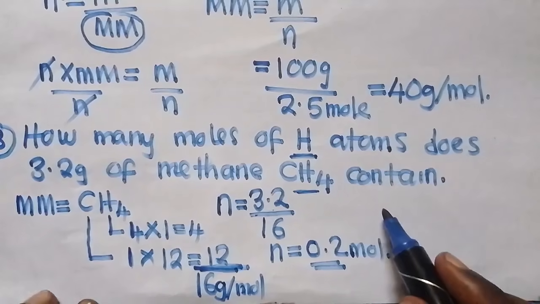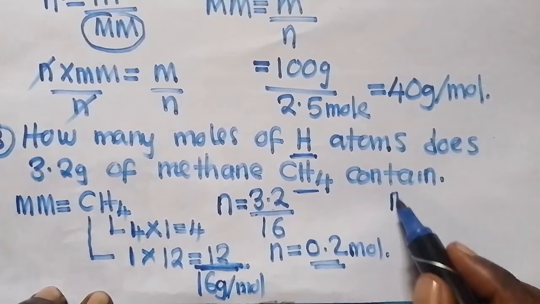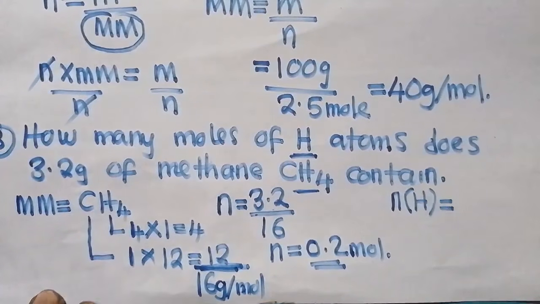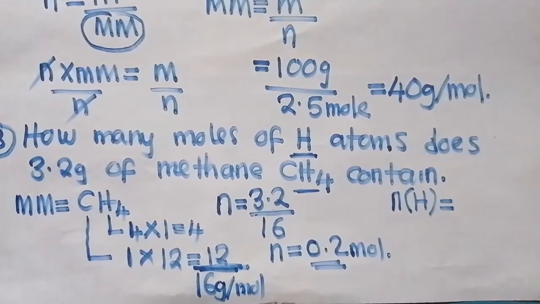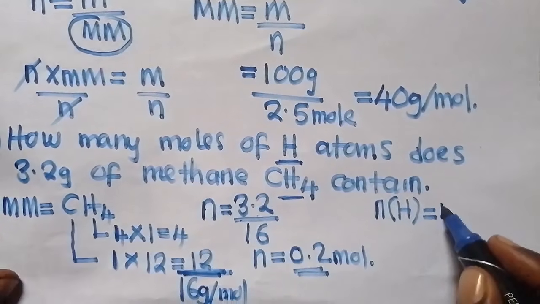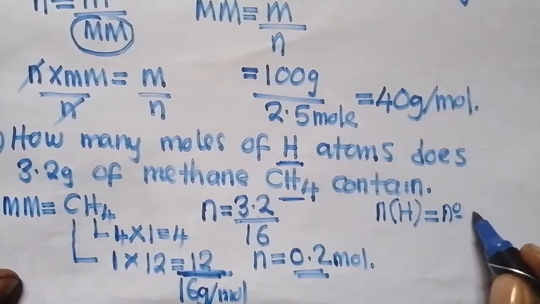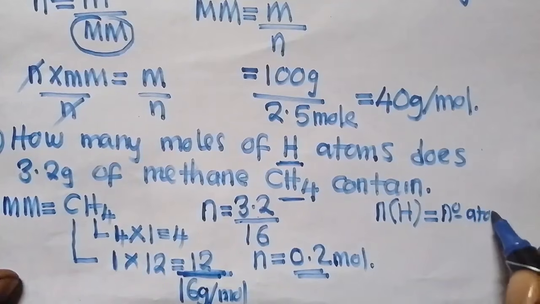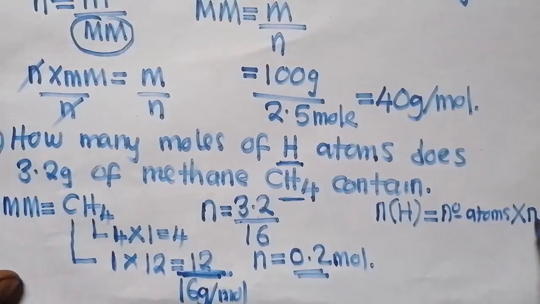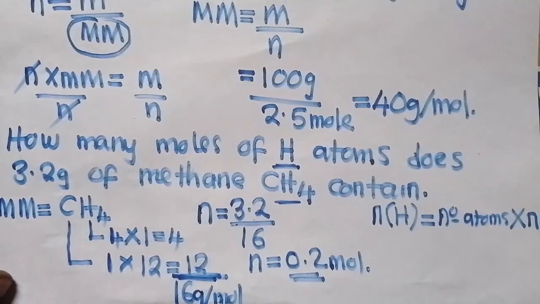The number of moles for hydrogen, this is the formula that you're going to use: number of atoms multiplied by the number of moles.